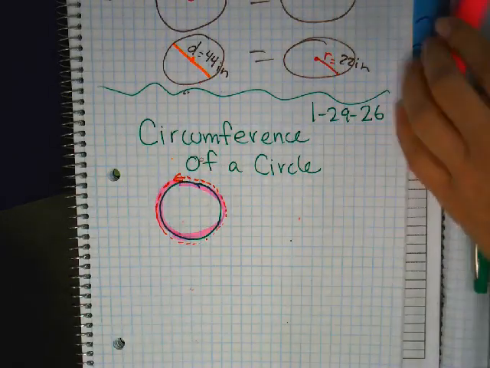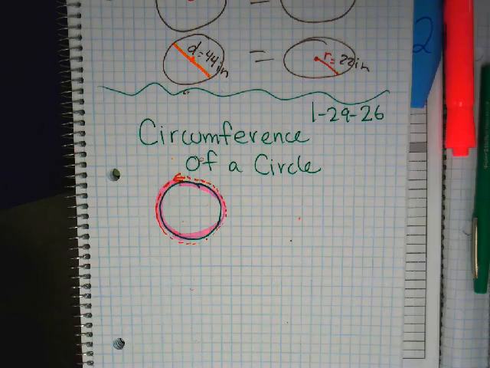So, what do you guys think is another word for circumference that we've learned in math since elementary school? Of a shape, this part of the shape. Around. What do we call it when we go around any shape? Perimeter.